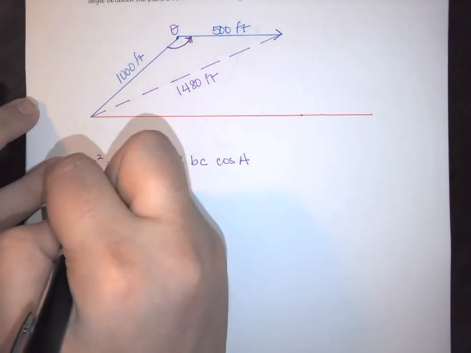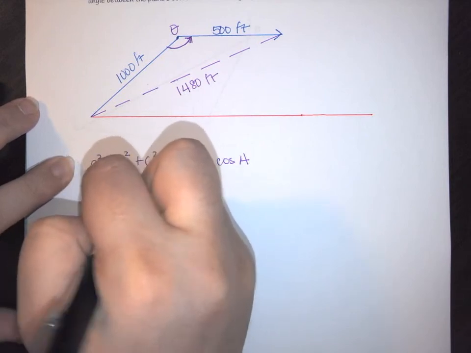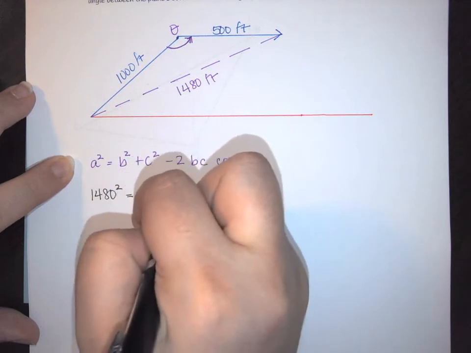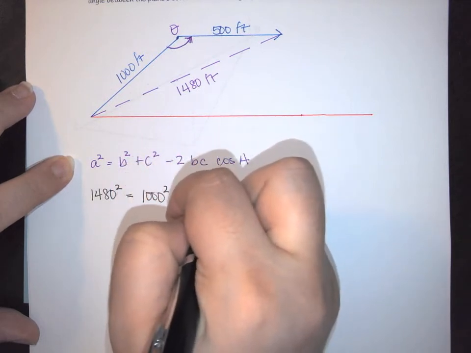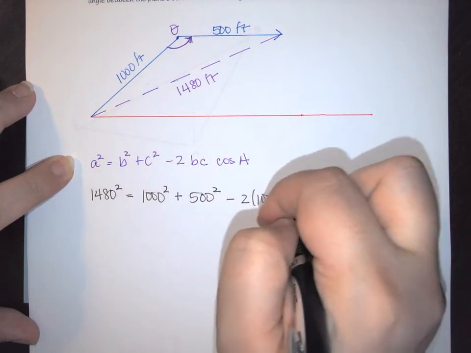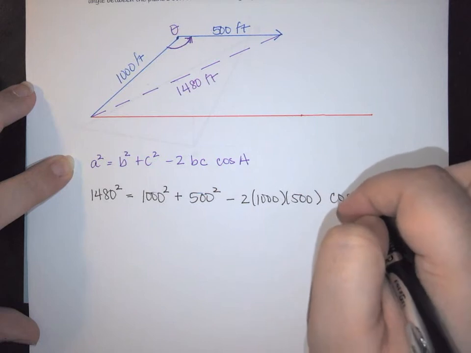So this is going to be 1480 squared is equal to 1,000 squared plus 500 squared minus 2 times 1,000 times 500 cosine of theta.